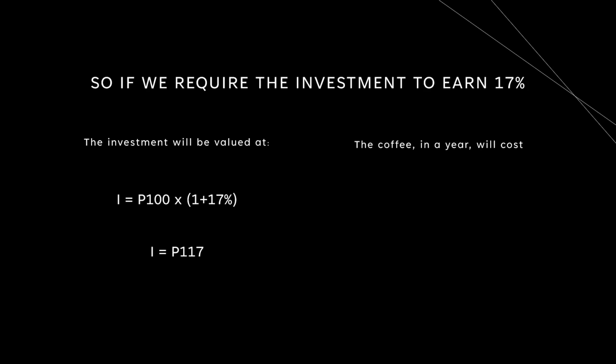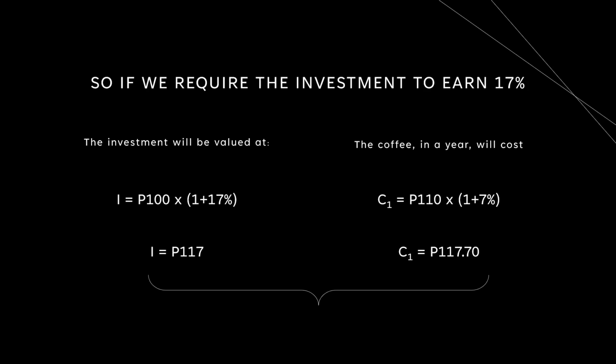The coffee in a year will cost C sub 1, that is coffee next year, is equal to 110 times 1 plus 7%. C sub 1 is equal to 117.70. As you can see, the numbers do not tie up. Why is there a difference of 70 centavos?